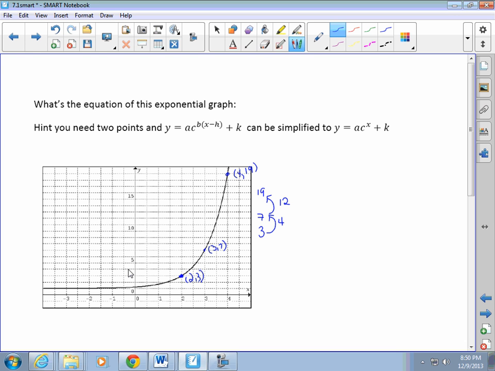So that means that our c value went from a 4 to a 12, so then it was a multiple of 3. So that is our c value. The base value for this will be a 3.